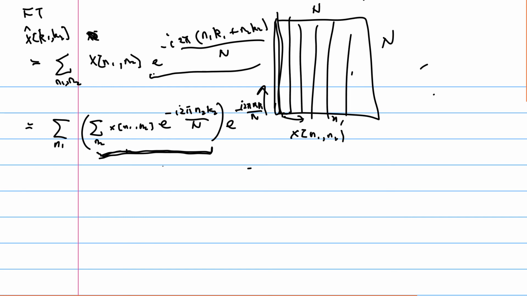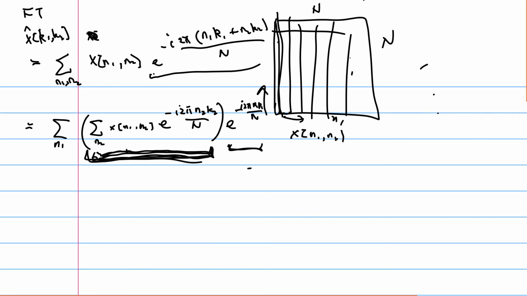Afterward, I have the Fourier transform along each column. Then I can do Fourier transform along each row. This one is the outcome after the Fourier transform across each column, and then I apply Fourier transform across each row again.